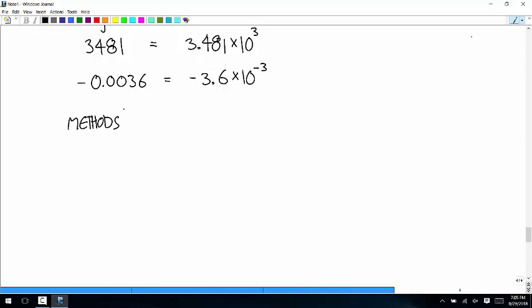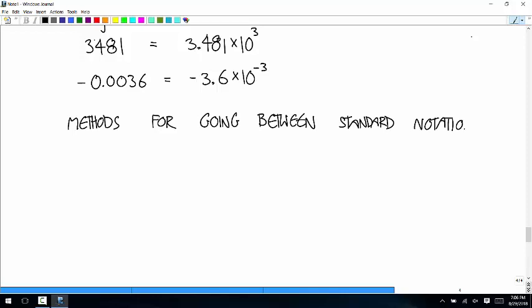So that means there are 2 methods that we need for going between standard notation and scientific notation.